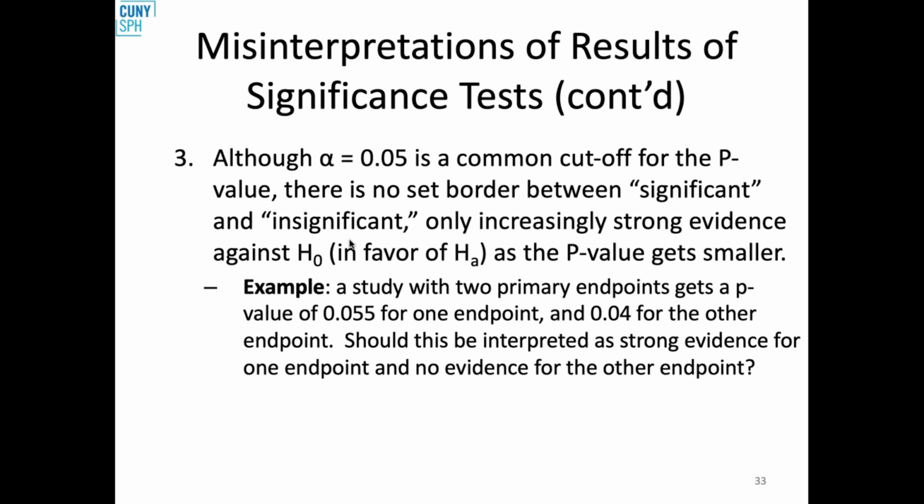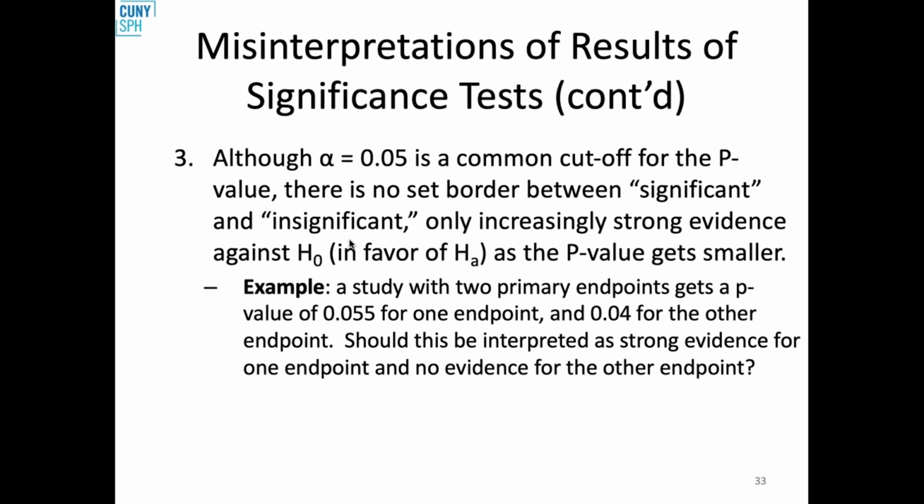0.05 is a common cutoff point, but that 0.05 is arbitrary. The p-value really makes more sense. It gives you a bit more information about your level of certainty that these two population means are different from one another. If you get a p-value of 0.06 versus a p-value of 0.04, and you say I'm going to reject the null hypothesis and completely change my conclusions about the differences between these two populations based on that little tiny difference, that doesn't make any sense.